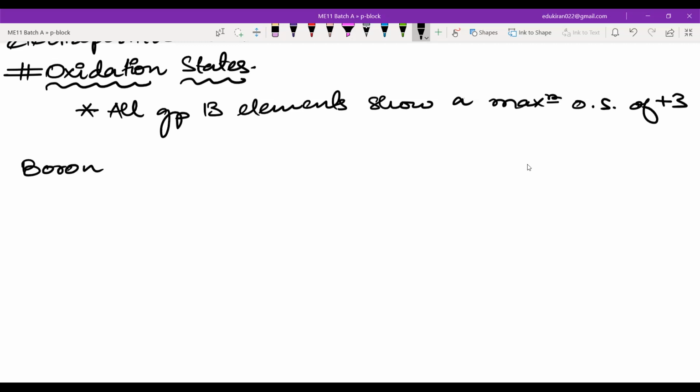Boron is small with very high ionization enthalpy.